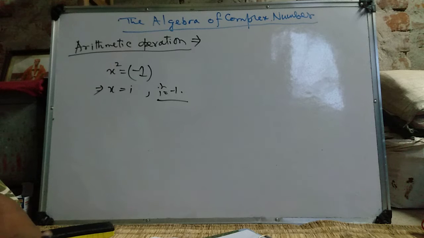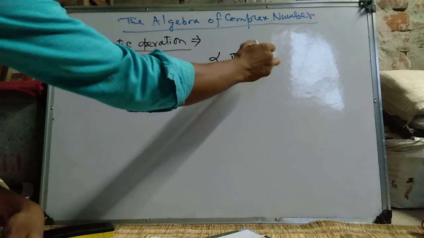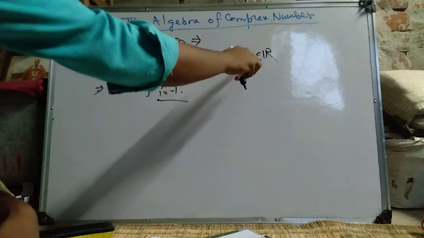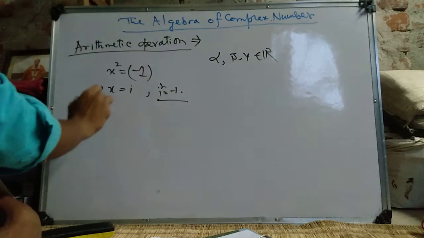Now we start with how a complex number is formed. We know that real numbers are alpha, beta, gamma. These are real numbers, obviously belonging to real life. Now how is a complex number formed?